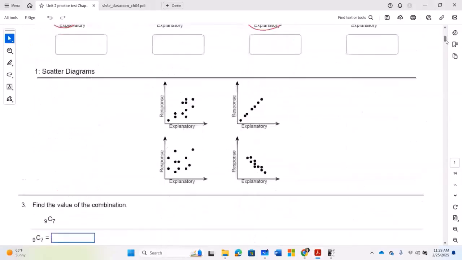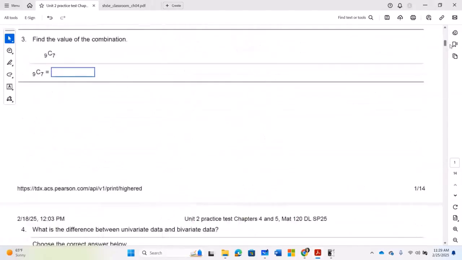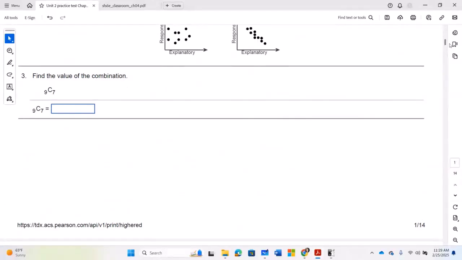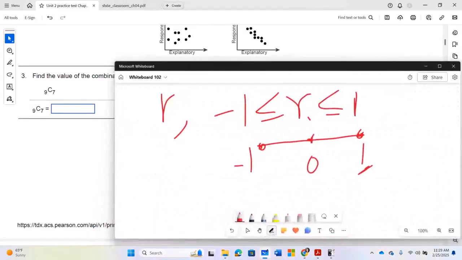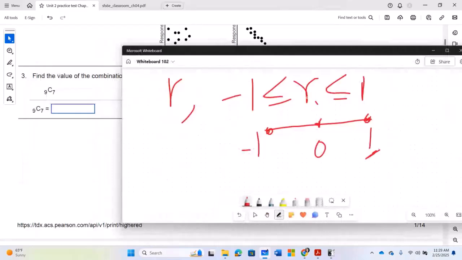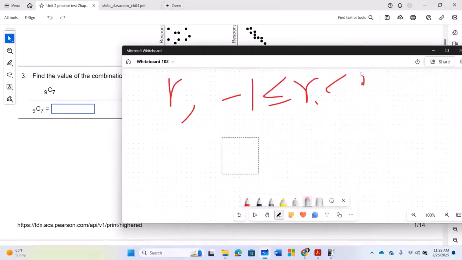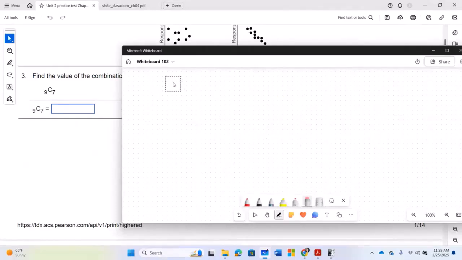We're going to go to calculations. All right, so let's do this. Number 3 says find the value of the combination. Remember that combination is written as N combination R, where N is the sample size or sample space.